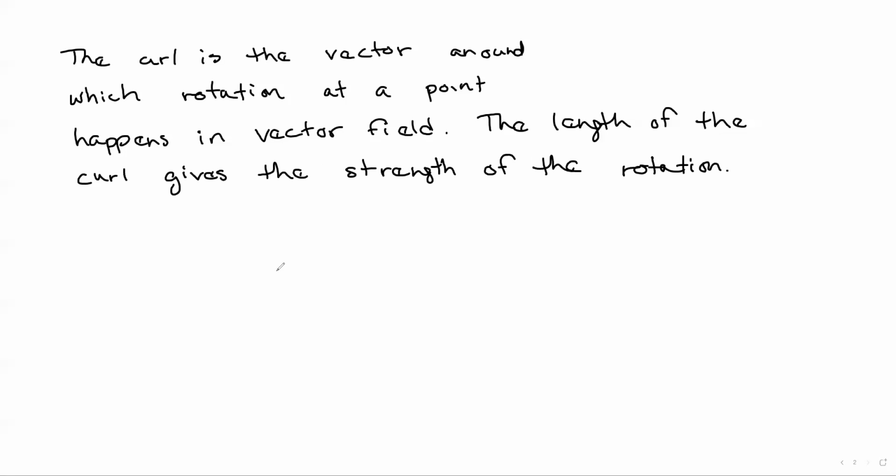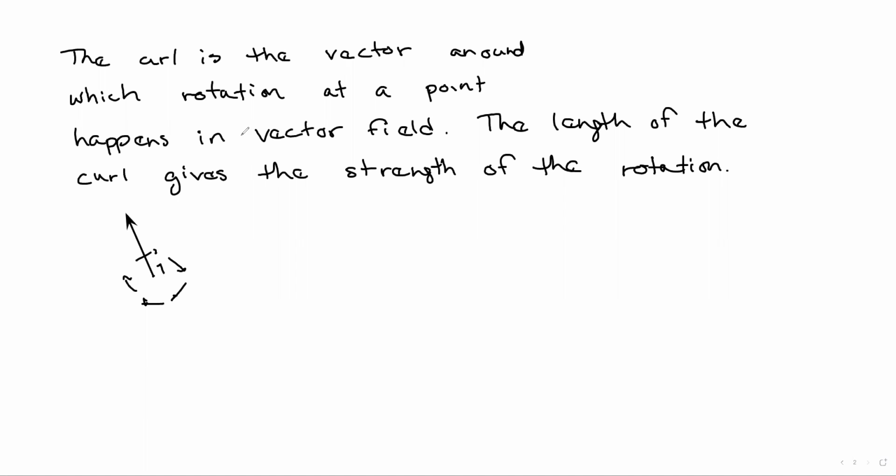So the idea is that in a vector field there are vectors pointing in all different directions. If you look at one particular point in the vector field, and around it there happens to be rotational behavior, then that's going to produce a curl vector that is perpendicular to that rotation.